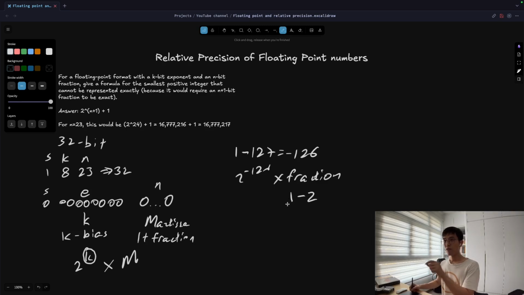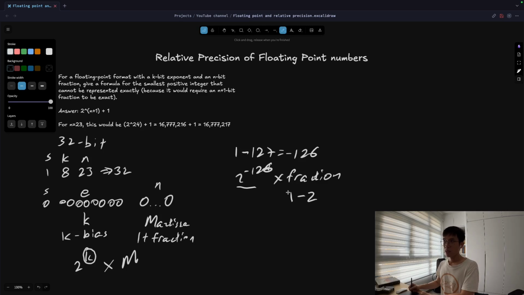So every bit increment, similar to how unsigned integers increase the lowest bit by 1, the value increases by 1. When you multiply it by a constant, we get a constant increase of the value of the floating point number.